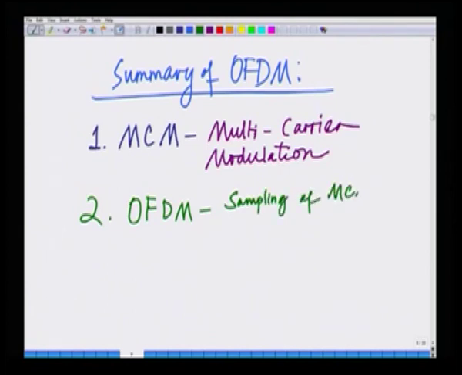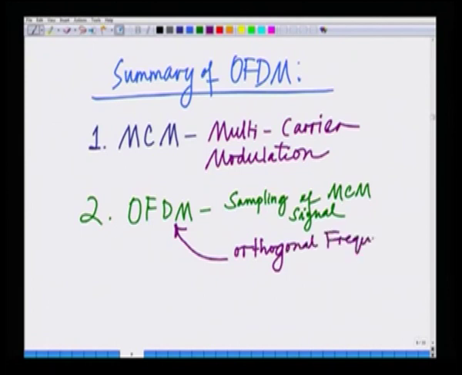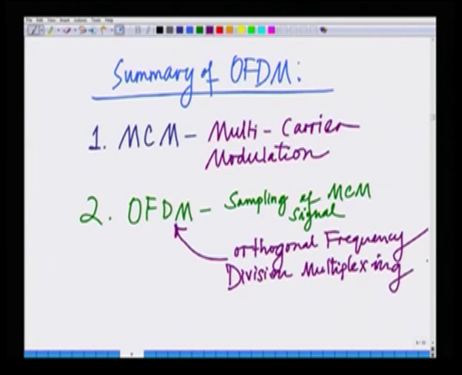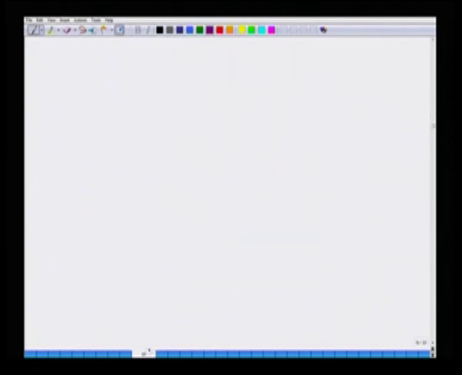OFDM stands for orthogonal frequency division multiplexing. Then we looked at the concept of cyclic prefix.